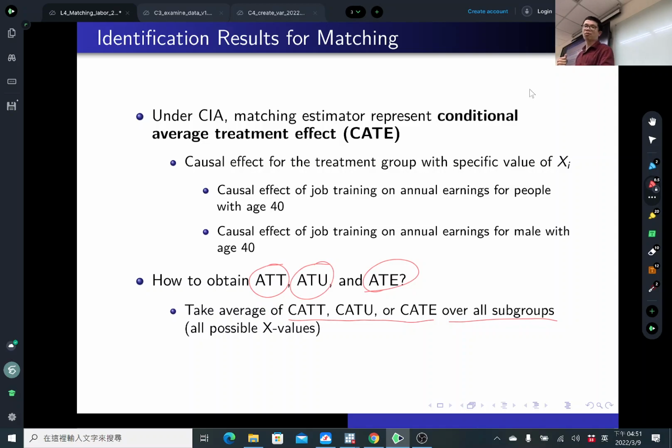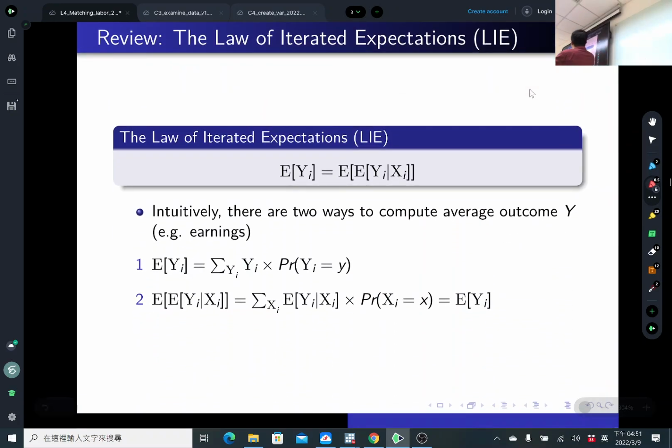And why we can say this is due to this math formula. It's the so-called law of iterated expectations. You should learn this in your statistics class, but here I just give you some review. This actually says some very basic things, but people might find it hard to know what it means. It just says there are two ways to calculate the average of some variable.